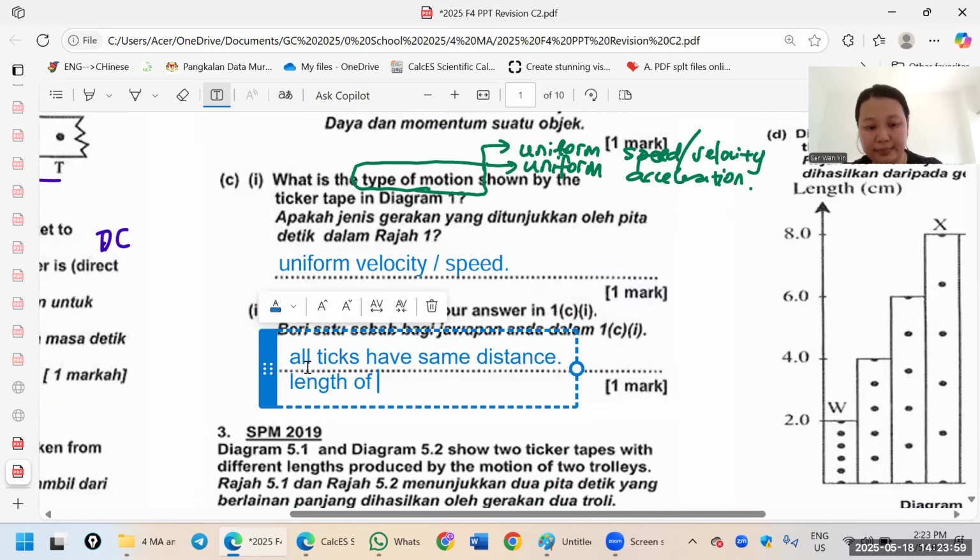Teacher, is there such a thing as increasing and decreasing velocity? Normally we would say that as uniform acceleration or uniform deceleration. Uniform acceleration or deceleration? Yes. Okay.